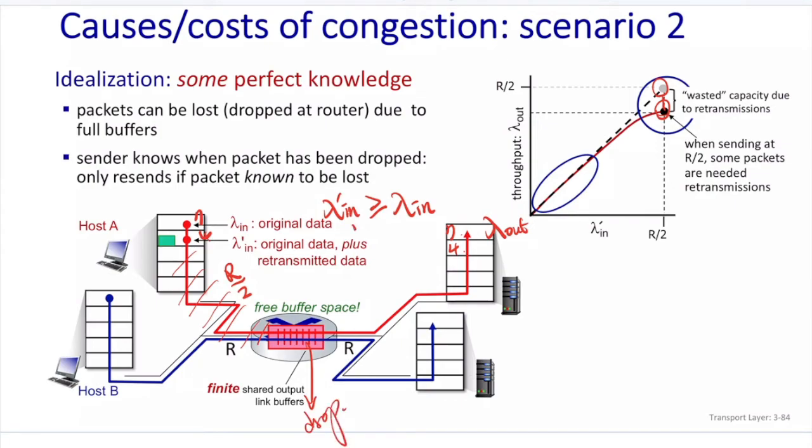So lambda prime n now equals half of R. But actually at layer 7, lambda out should equal lambda n, which is a little bit less than half of R. So the throughput never achieves half of R because it needs to waste some capacity due to retransmission, and the retransmitted data will waste link capacity.